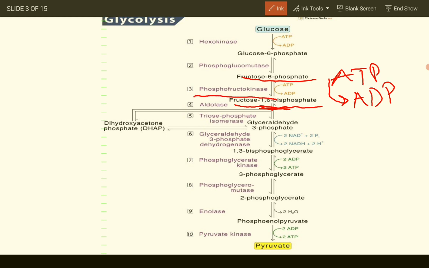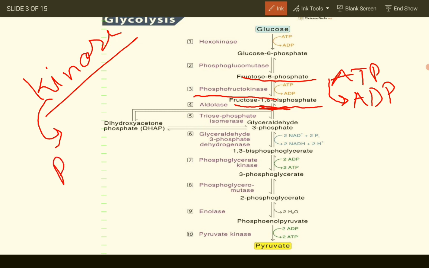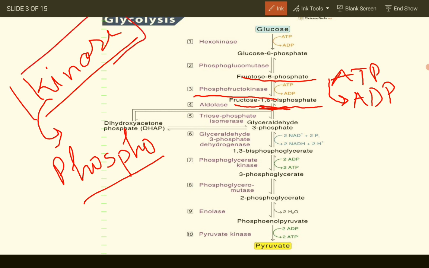The enzyme used here is phosphofructokinase. One important point: a kinase is generally an enzyme used for phosphorylation, for addition or removal of phosphate. Wherever you see an enzyme named kinase, it is generally for the phosphorylation of a molecule.